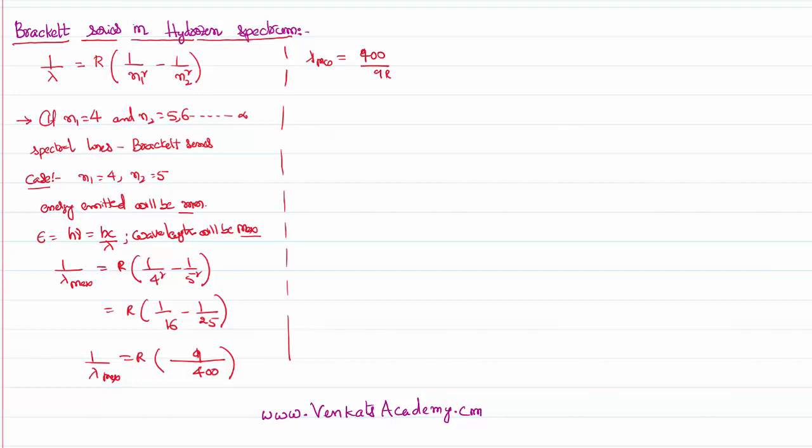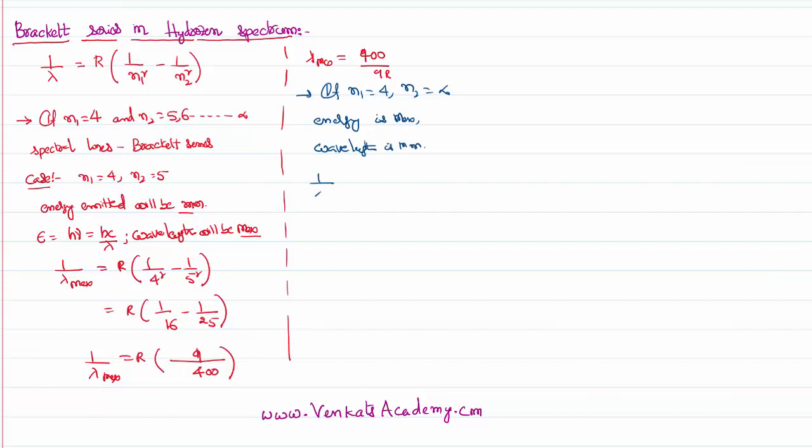That is one possibility. The next possibility is if n1 equal to 4 and n2 is infinity. So the electron is jumping from the highest orbit, therefore energy is maximum. As energy is maximum, the corresponding wavelength is minimum.